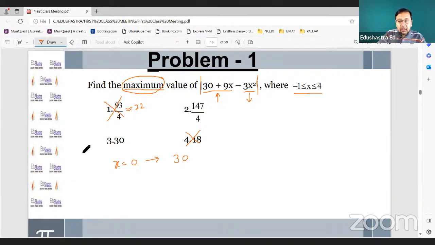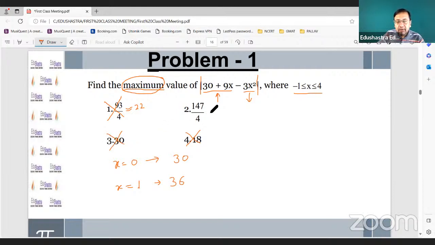Now, after 0, what is the simplest value, the next simplest value where I need to do the least possible calculation? That is 1. If I put x as 1, what value am I getting? Exactly 36. So even the third option is cut.